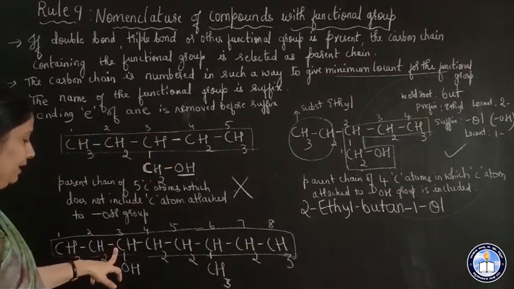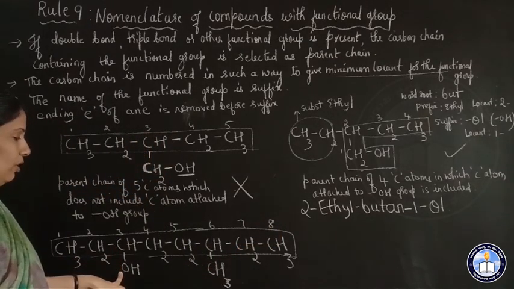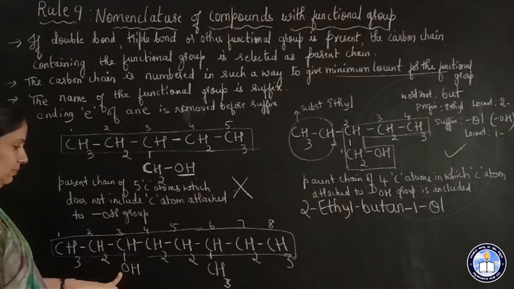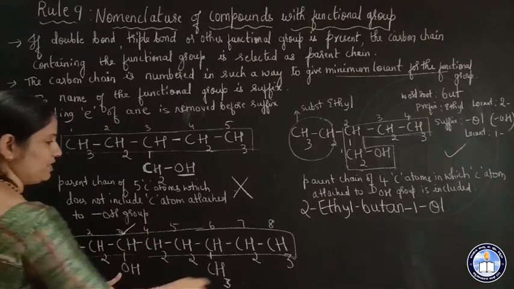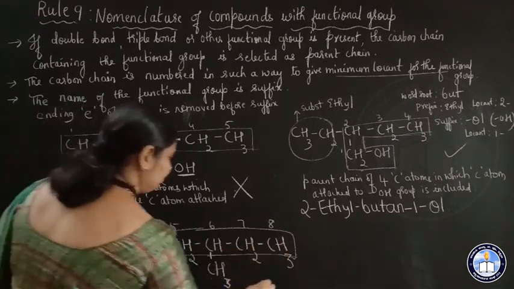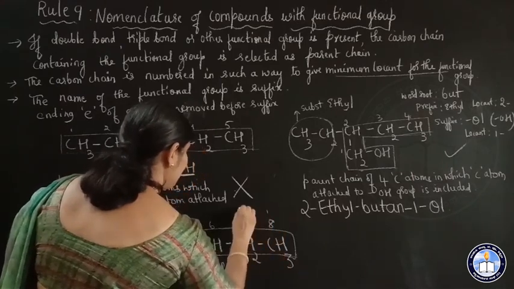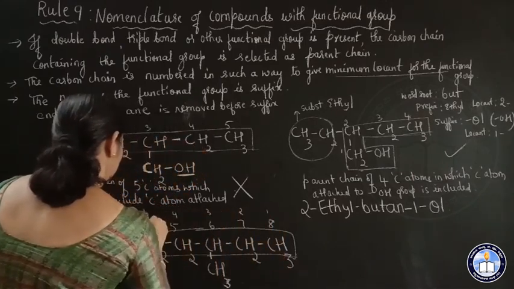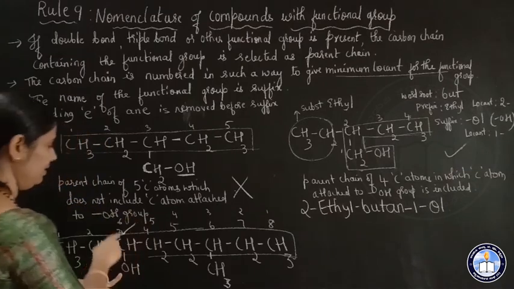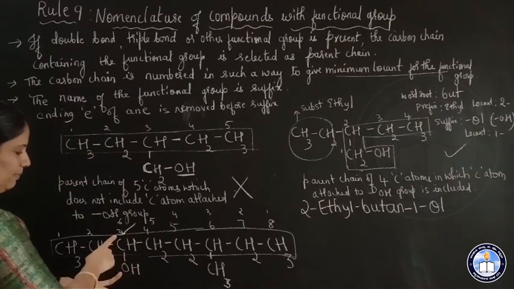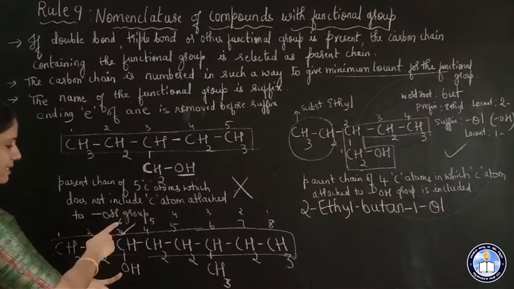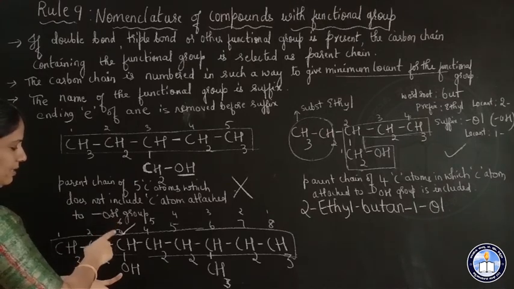See, carbon atom 3 has got the functional group. If you start numbering from this end, 6 will be the locant. So the lowest number is 3 here.